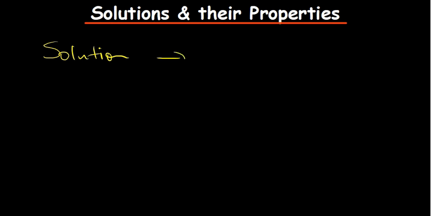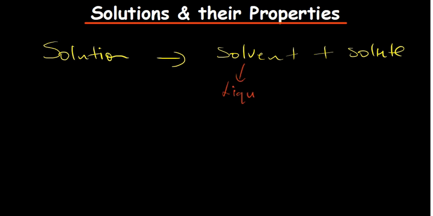So a solution is basically just a combination of a solvent and a solute. Okay, so I want you to pay particular attention. A solvent is usually, and I'm using the word usually or mostly, not that it can only be a liquid.